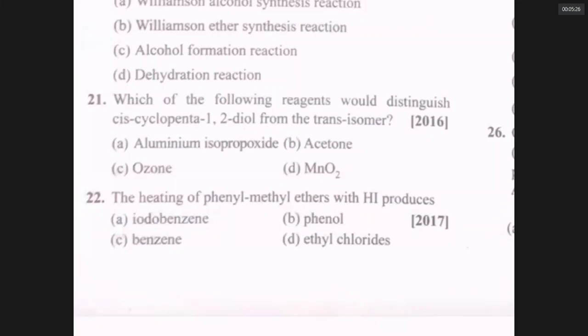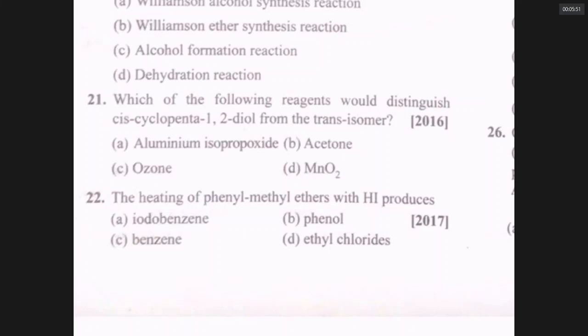General rule. This rule is violated when there is a tertiary alkyl group. As a rule, tertiary alkyl group, if it is present, that takes the I minus. In all other cases, simple alkyl group takes I minus.